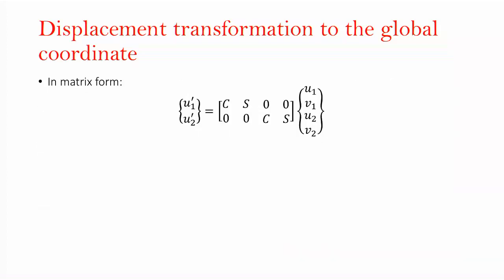So now imagine that we just write down the 2 previous equations in terms of the matrix form. C stands for cosine and S stands for sine of theta, the angle between the element and the x direction of the global coordinate.